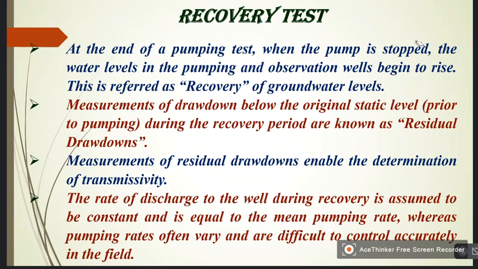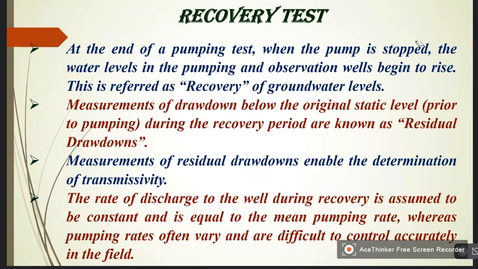See, the disadvantage with the previous methods, for any of the methods, whether it is Theis method or Cooper-Jacob method or Chow's method, you have to maintain a constant discharge, which is very difficult. So in the initial stage, there will be less discharge rate, and gradually it will increase, and of course it will remain constant.